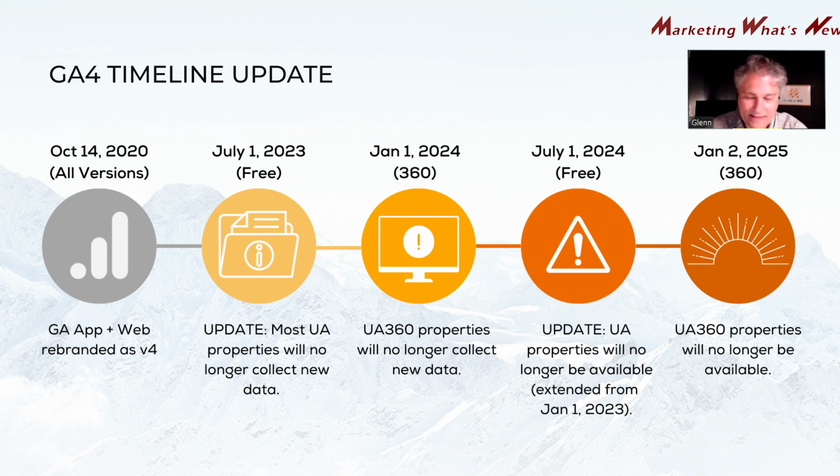So I'm going to make this a very simple left to right. Let's all look at the left-hand side here. We'll start over there, call it the number 1 event on this timeline. That was in late 2020. If you weren't noticing that they had taken this little obscure product called App Plus Web and changed it into this magical 4th version of Google Analytics, they did.